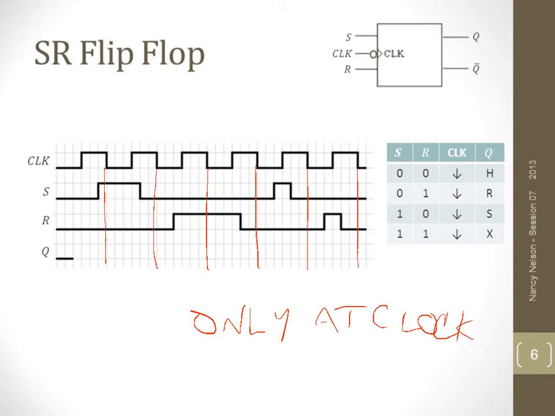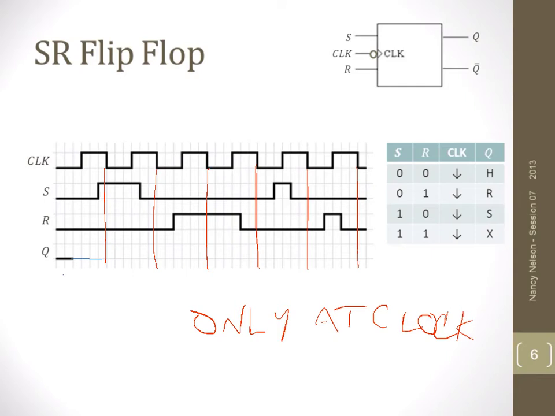So let's look at our waveforms now. We can see Q is starting low, and we can continue that right over till our first sample point. At that first sample point, we have set being high, reset being low. So set is high, reset is low, and we're on the clock edge. What's going to happen?